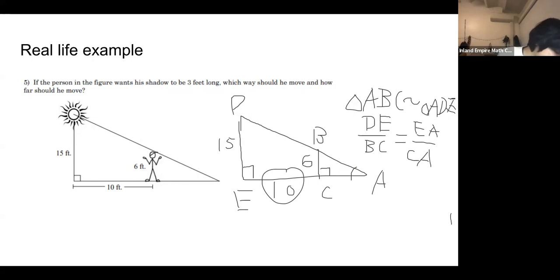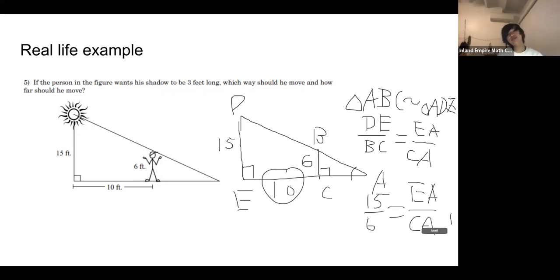And what this means is that since we already know what DE and BC are, it's actually going to be equal to 15 over 6. So it's going to mean that 15 over 6 equals EA over CA.